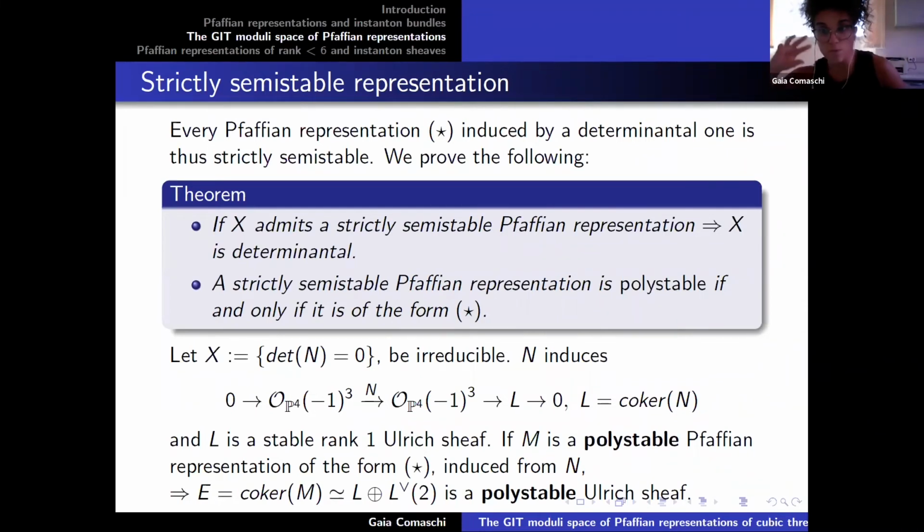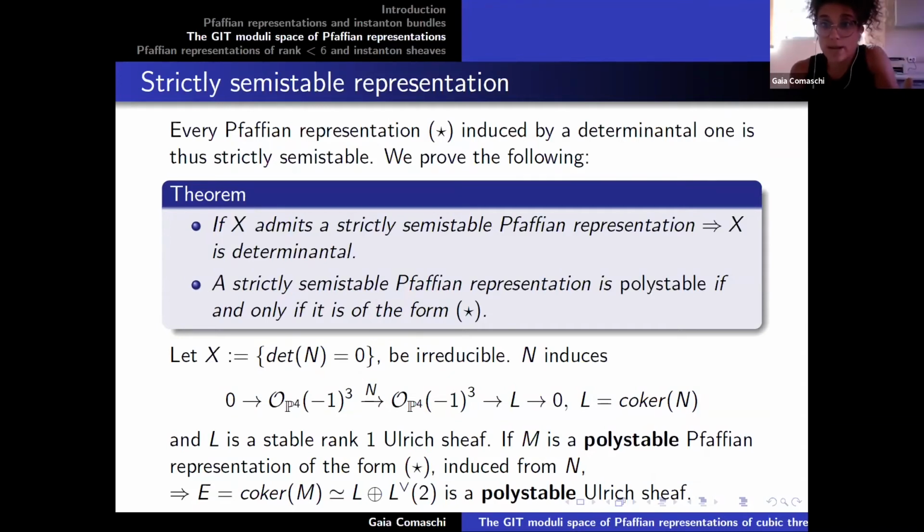If now we move to the language of sheaves, let's try to understand what we are doing. For the moment, we suppose for simplicity that the cubic is irreducible. We take an irreducible determinantal cubic. Then we argue in a way that is completely equivalent to the one concerning Pfaffian representations. We consider the complex of vector bundles on P4 determined by the matrix of linear forms N. We take its cokernel.